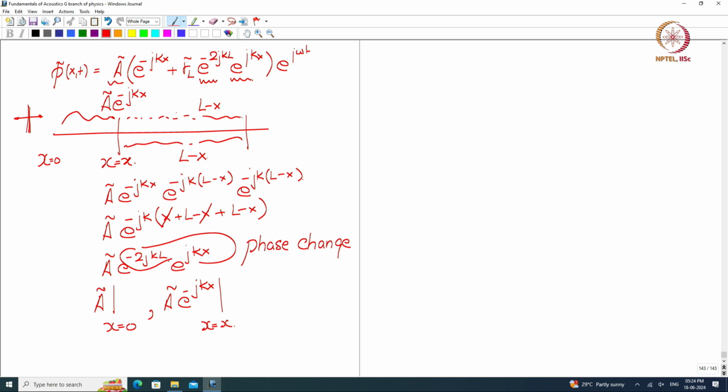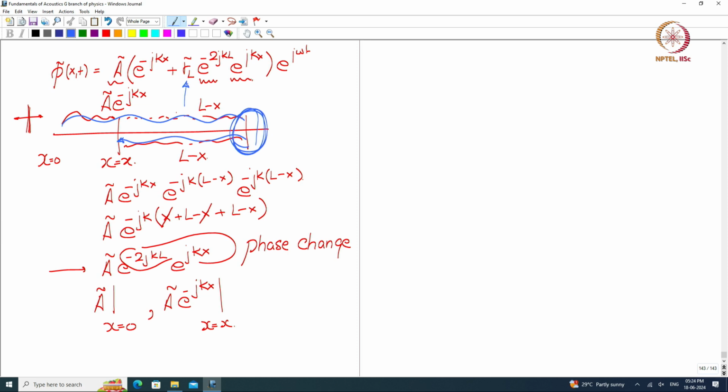It is this much after it has travelled a full pipe length and come back to the location x from the left. Now this boundary will do something to it, that has to be put in, that is R_L.